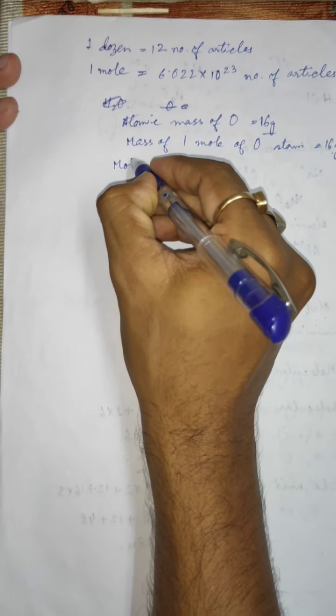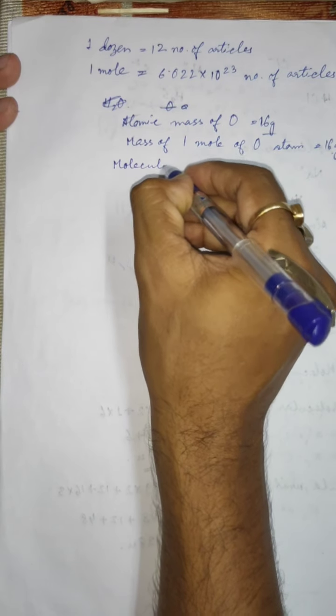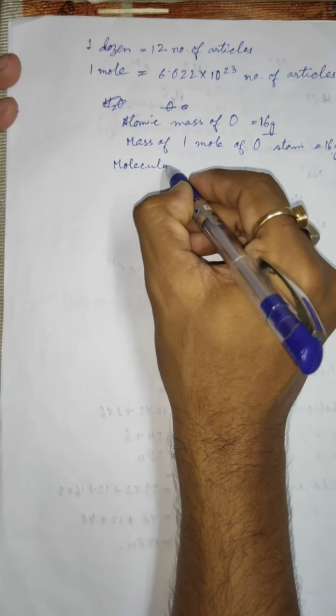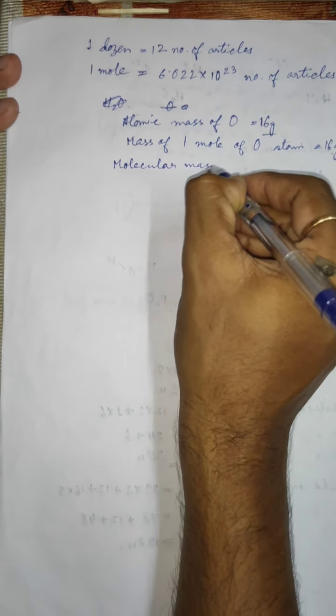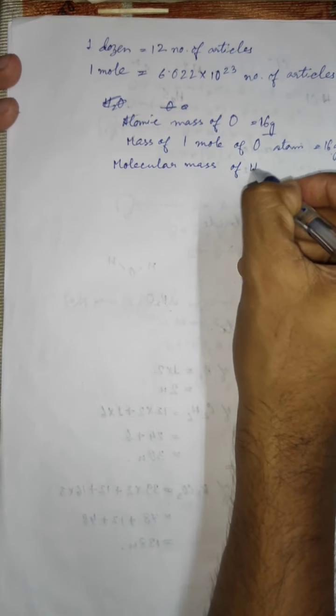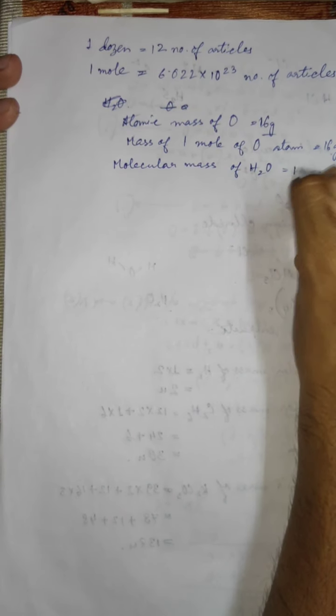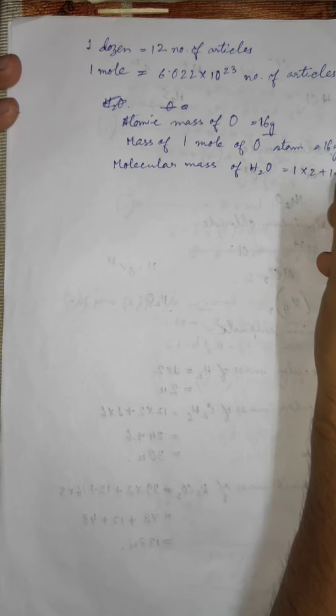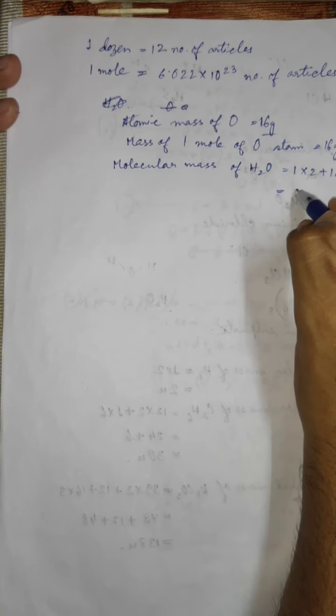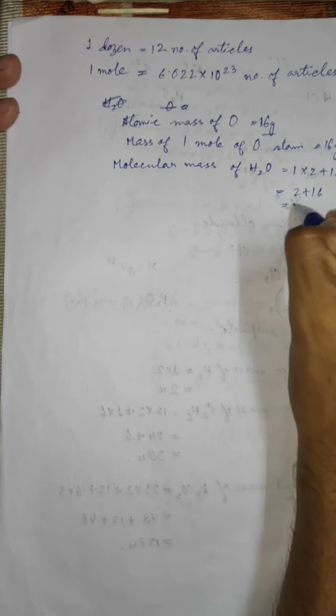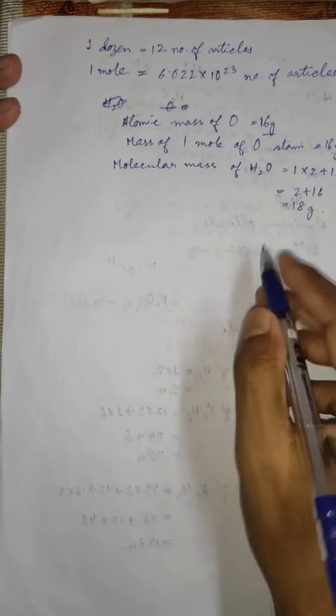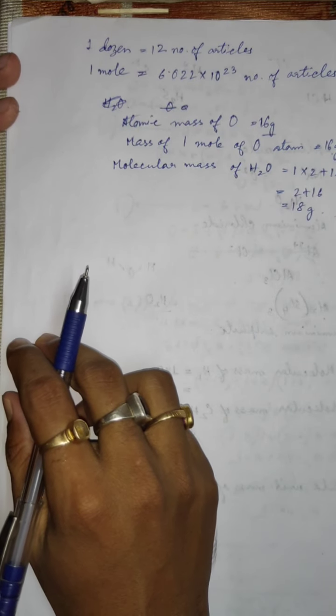If I consider H2O, the molecular mass is 1 into 2 plus 16, that is 18. This is the molecular mass of H2O or water.